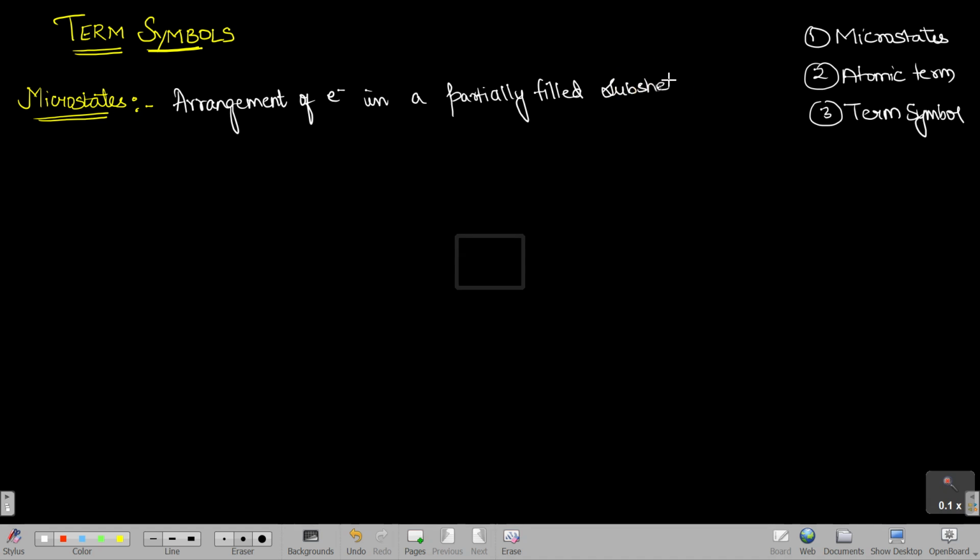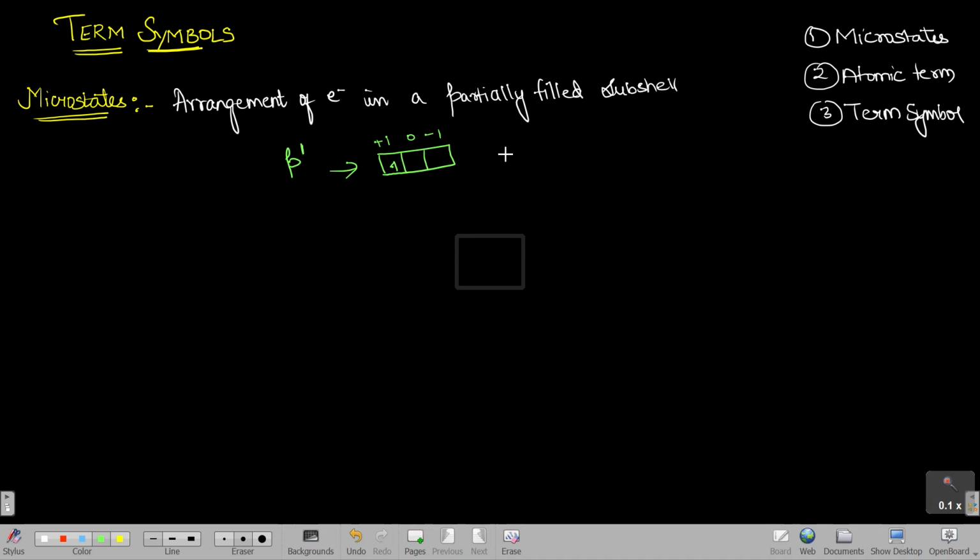When you consider any orbital, say for example p1, this is a configuration, right? Now p1, basically we draw it like this. But this is called an arrangement, wherein we have put the electron in the first orbital, where the orbitals are designated as +1, 0, -1.